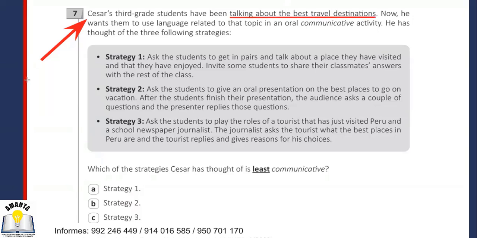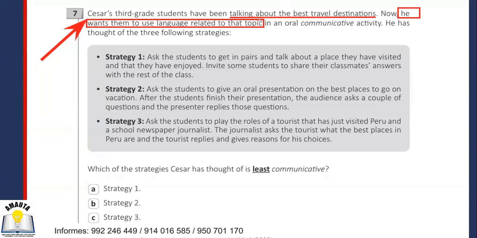Now Cesar wants his students to use language, communicative approach. Here we have also the teacher's purpose. He wants them to use language related to that topic, the topic of travel destinations.